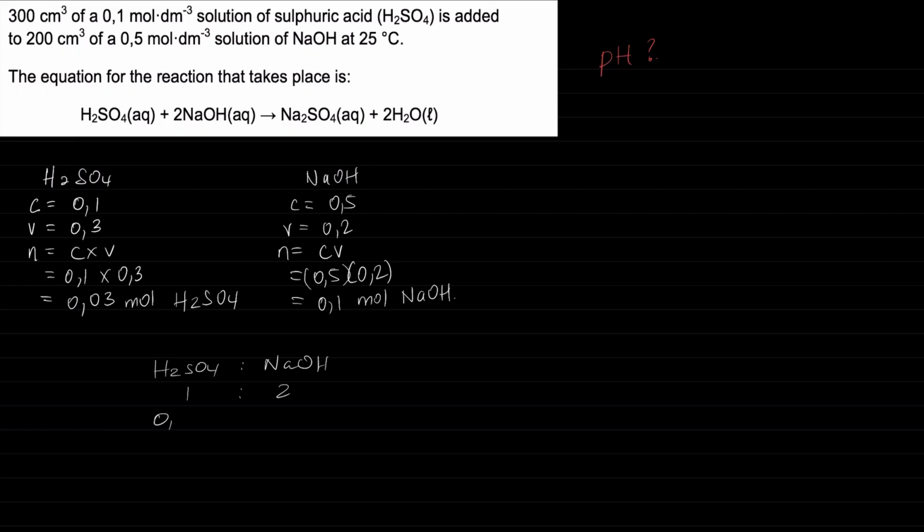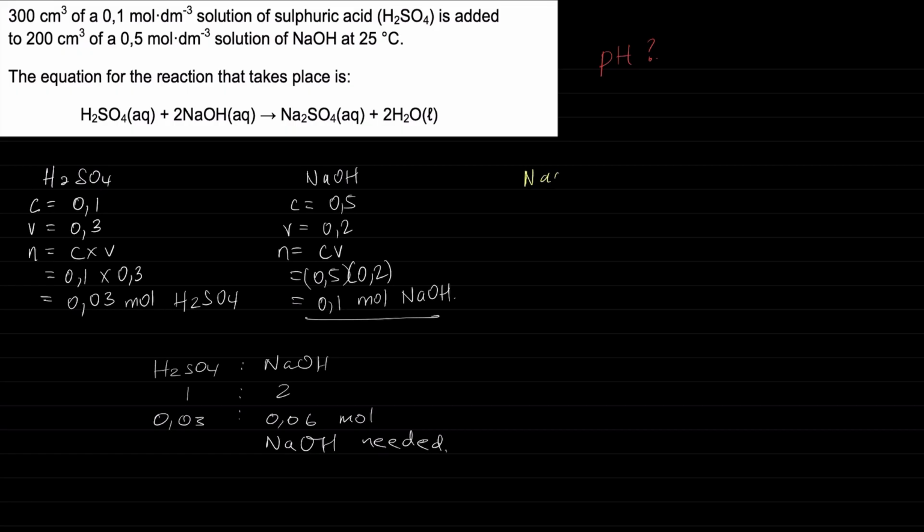We have 0.03 moles of the H2SO4. That means we only need 0.06 moles of the NaOH. That's the amount that we need. But we have 0.1. So that means we have more than we need. And so the NaOH is going to be in excess.